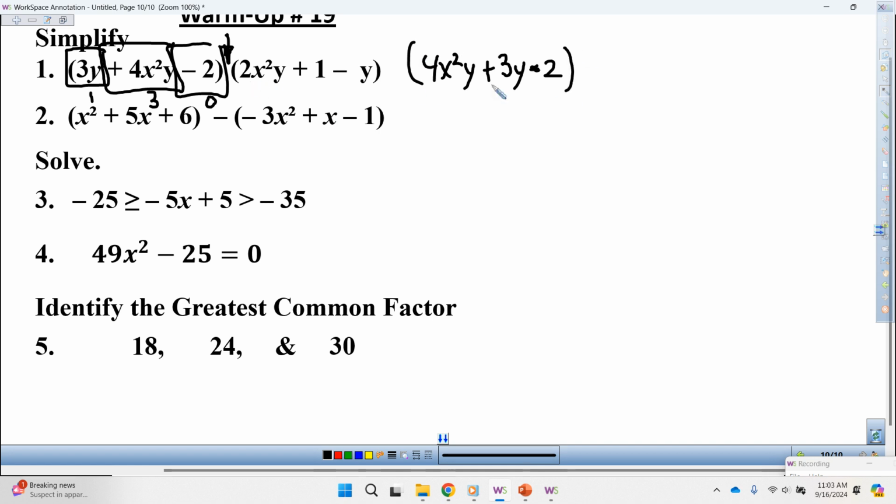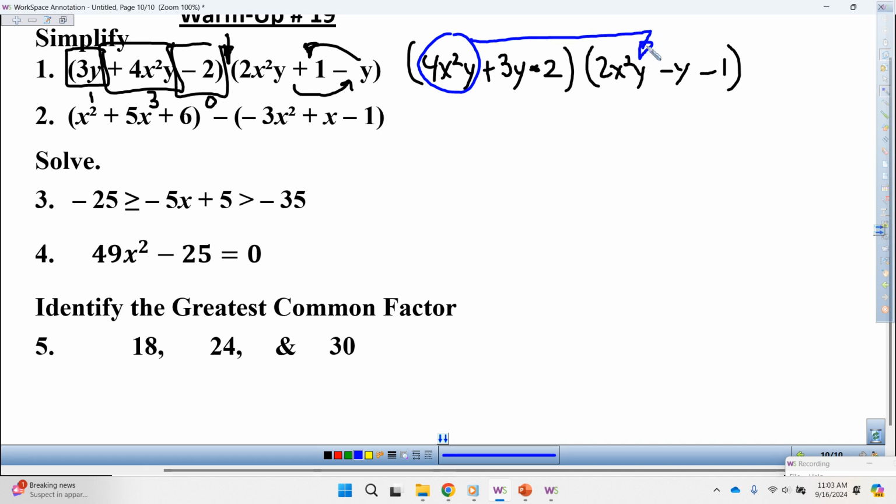And now I can multiply times 2x squared y. Is this one in standard form? No, I need to bring this one over here and this one over there. Minus y minus 1. We good? All right, here we go. I'm going to use the distributive property. 4x squared y times 2x squared y.